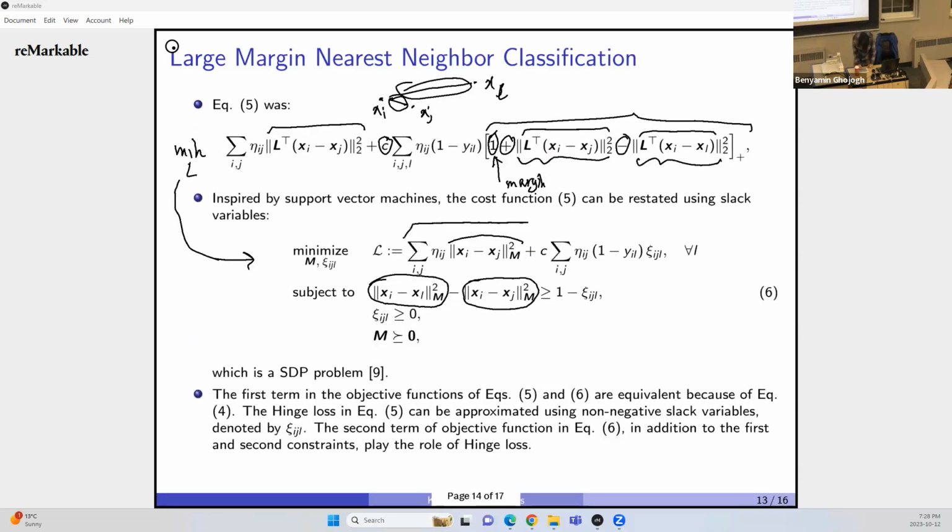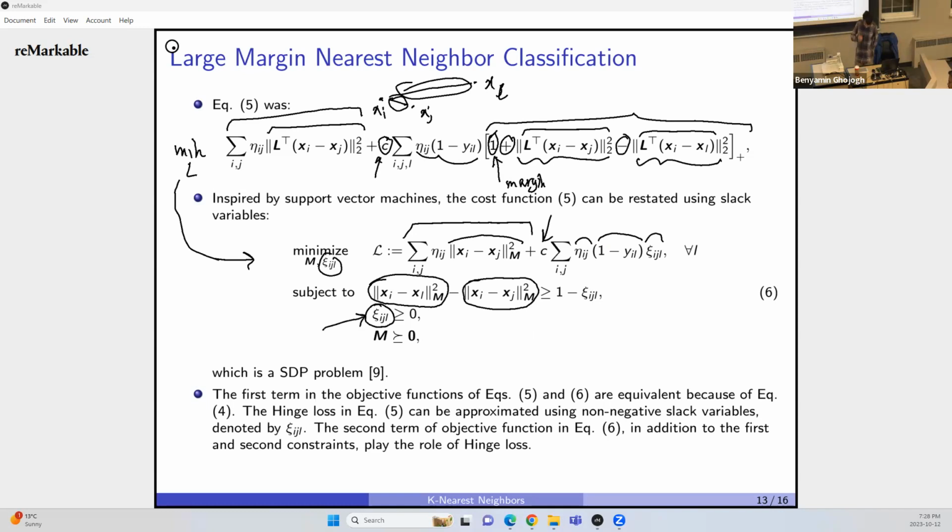So this term is exactly this term. I'm repeating it. Okay. So C is C here. This eta ij is here. I have also the indicator 1 minus y_il here. Rather than the whole triplet loss, I put zeta ijl, okay? And zeta ijl, I define it as an optimization problem variable. But zeta ijl must be greater than or equal to 0.